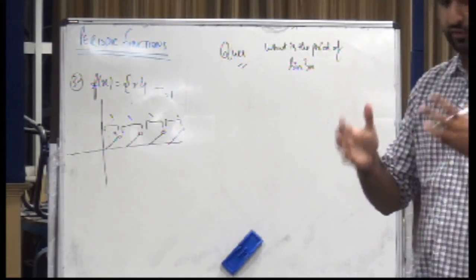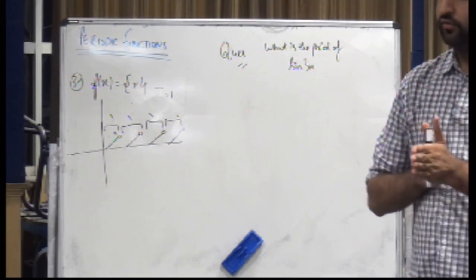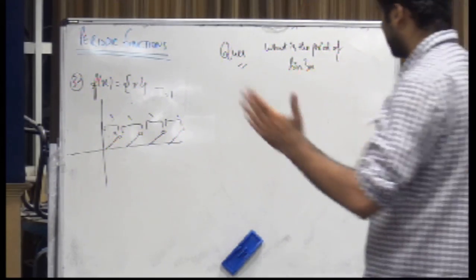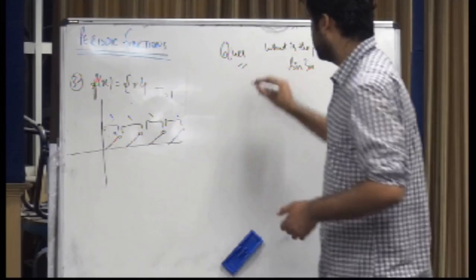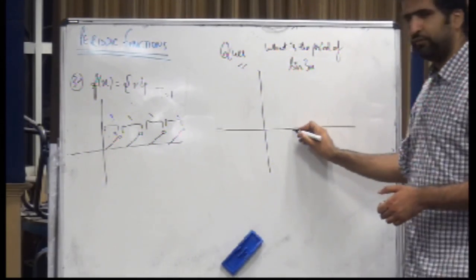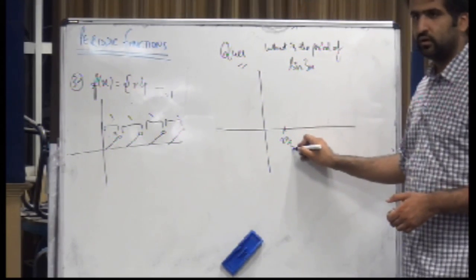So what happens, just see the fourth transformation which we wrote. When you have f of kx, right, we did two things. First one was k of f of x and then we had f of kx. So the graph gets squeezed. If we had 2 pi, then I will get 2 pi by 3 over here, right?